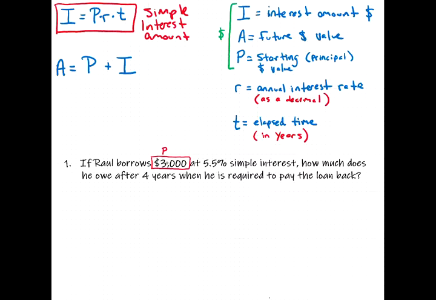So now we already have a formula for I. We could plug that in here. I is equal to P times r times t. So the future value is equal to P, what you start with, plus I, and I is P times r times t.